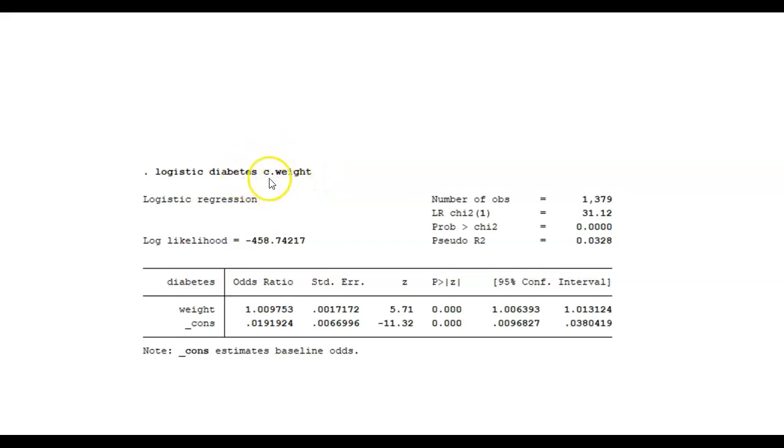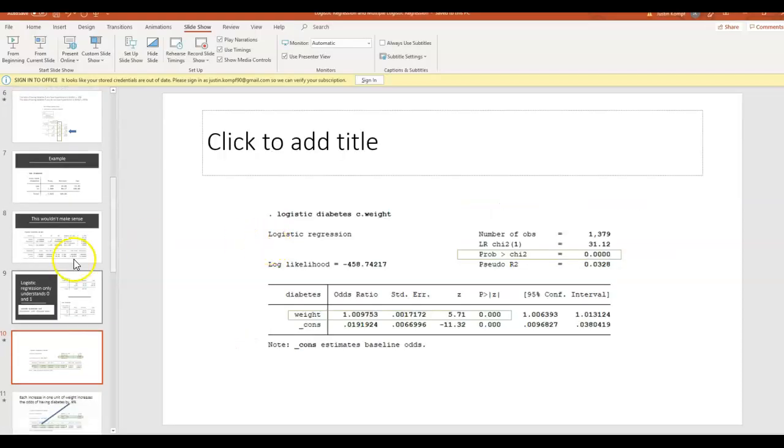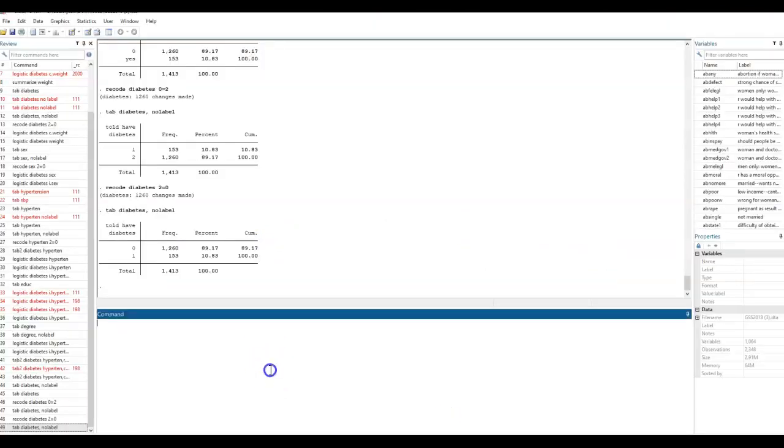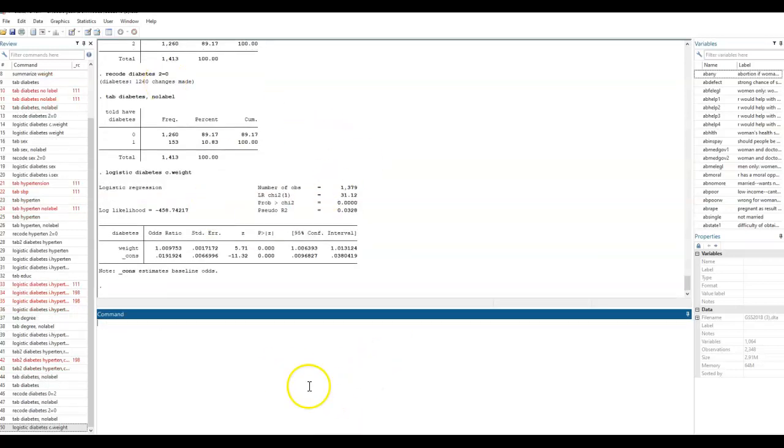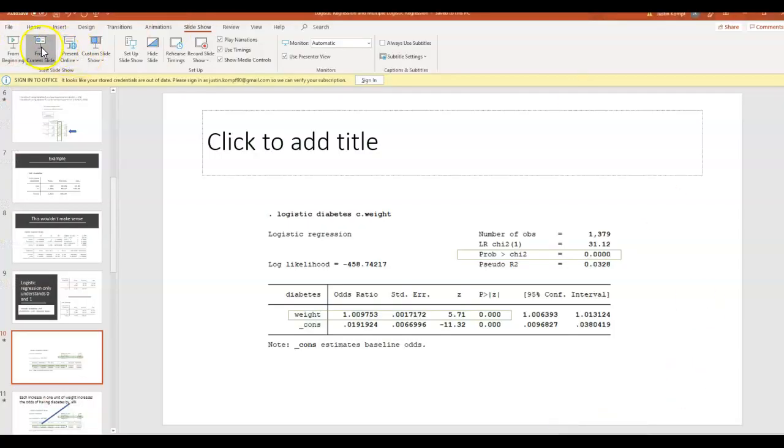Weight is a continuous variable. So we ran this regression, so I'll type that in for you. We're just going logistic, and we are going diabetes c.weight. And that's the output that we'll see right here.